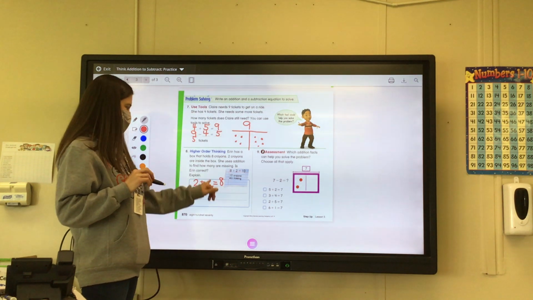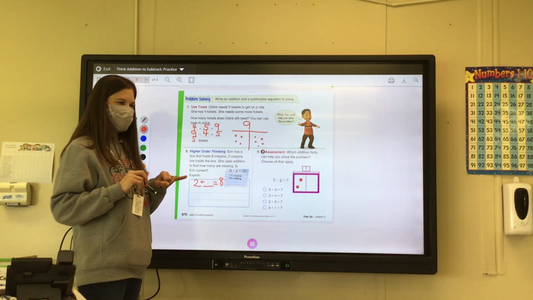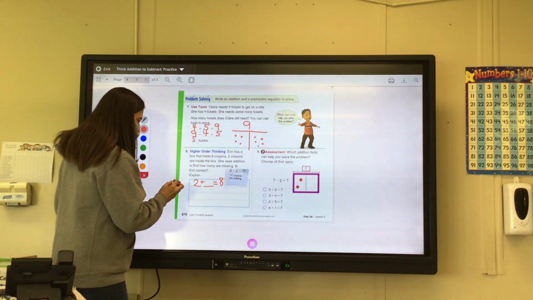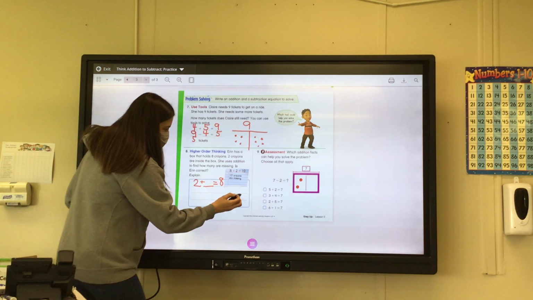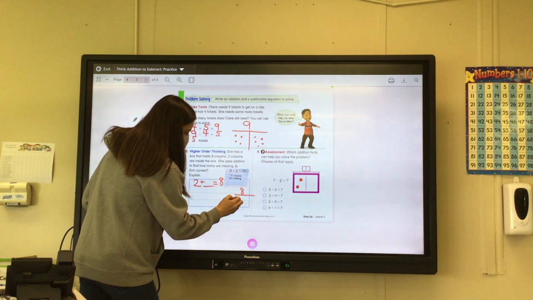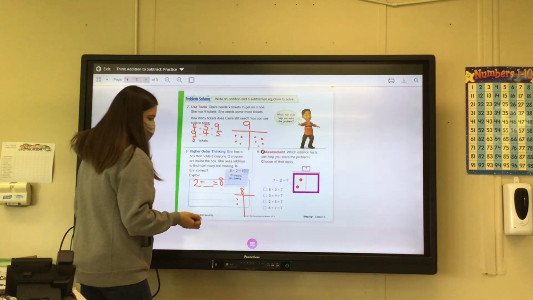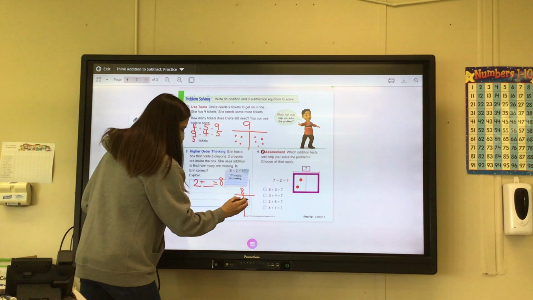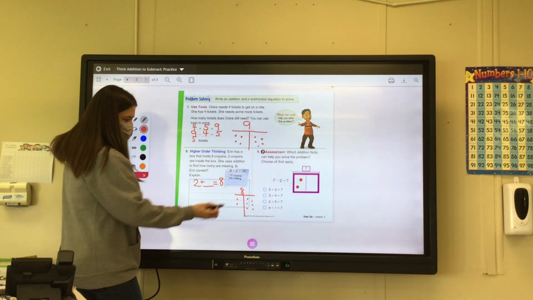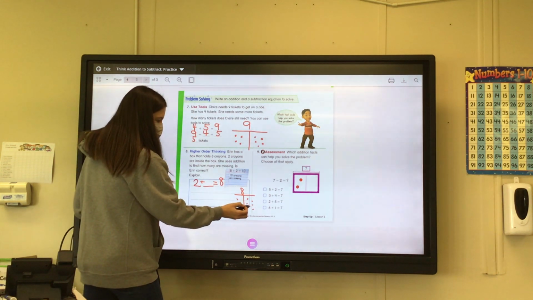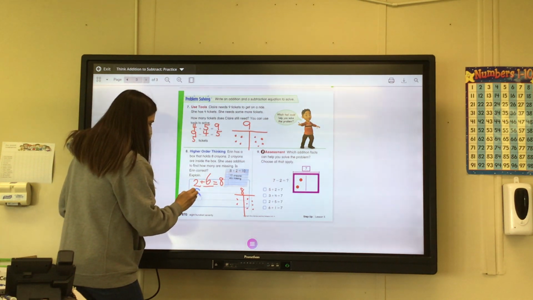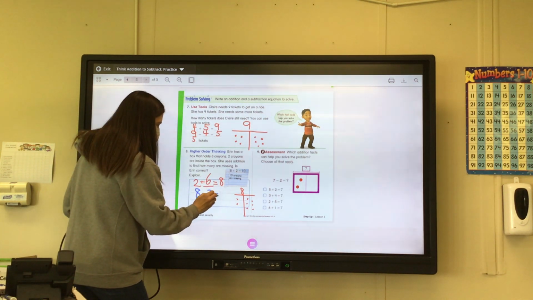If you add 7 to 2, it would be 9. 6, right? Because if you need to get to 8, and you have 2, how many more do you need? Count those together. 6, right? 1, 2, 3, 4, 5, 6, 7, 8. So 2 plus 6. So then 8 minus 2 would equal 6.